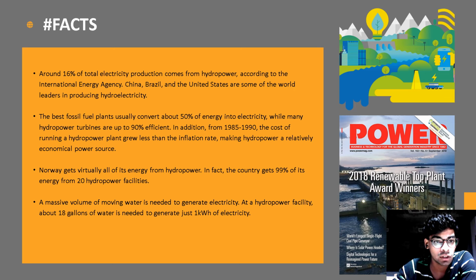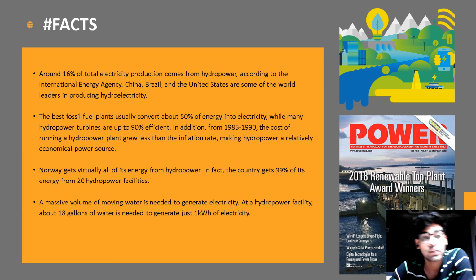The best fossil fuel plants usually convert about 50% of their energy into electricity, while many hydropower turbines are up to 90% efficient. In addition, from 1985 to 1990, the cost of running a hydropower plant grew less than the inflation rate, making hydropower a relatively economical process.